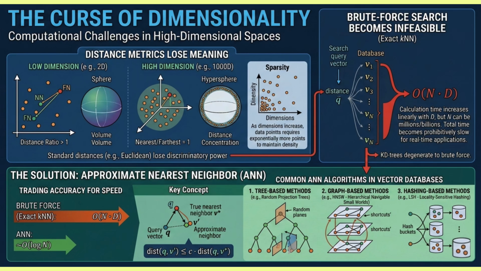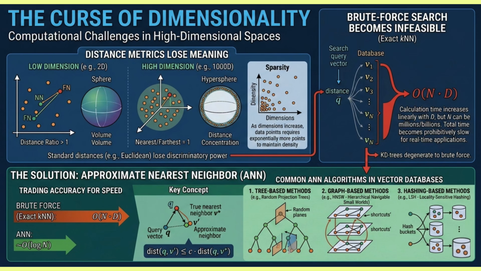To maintain the same data density as you had in a 2D space, the number of data points needed grows exponentially with the dimension. High-dimensional spaces are incredibly sparse, meaning the distance between any two random points is likely very large, and the traditional metric of the distance does not reliably distinguish between a true nearest neighbor and an almost nearest neighbor.